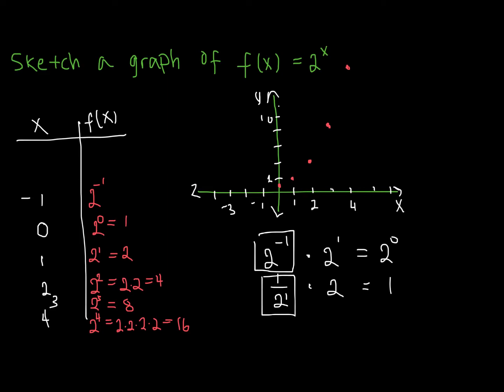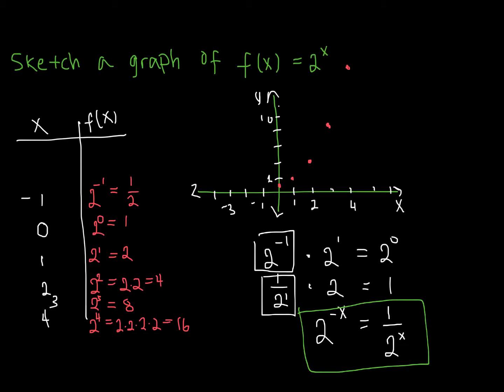So the rule that we have is that 2 to a negative power, so I'll say 2 to a -x, is the same as doing 1 over 2 to the positive value. So this is an important thing to remember if you don't remember it. And that works for any exponent. Okay? So coming back here, 2 to the -1 is going to be 1 over 2 to the 1, which is 1 over 2. So I'll be down here.